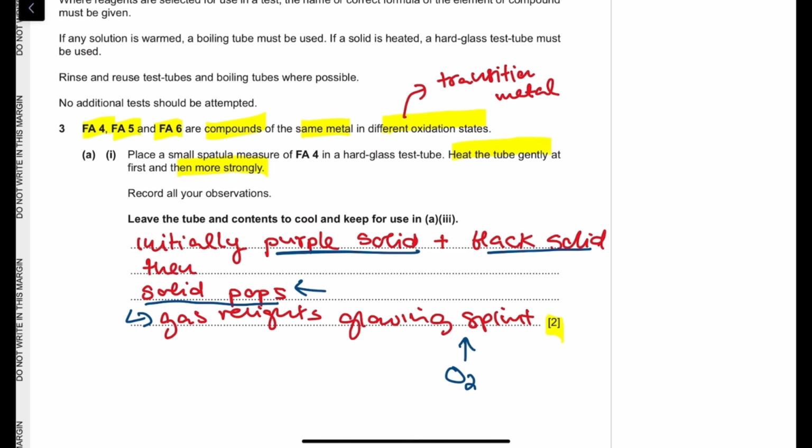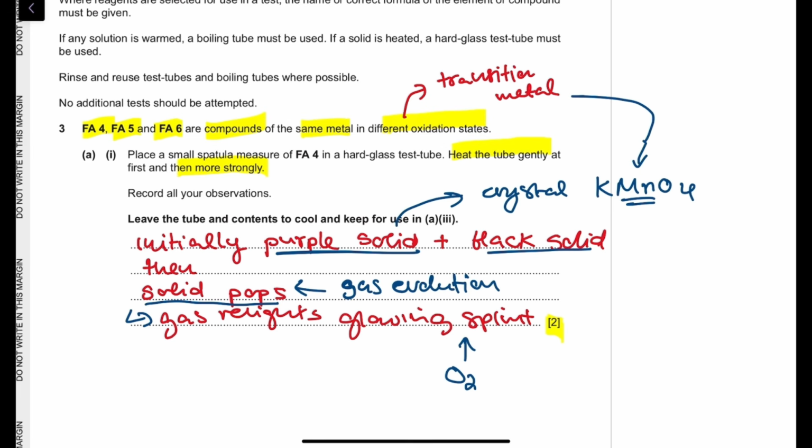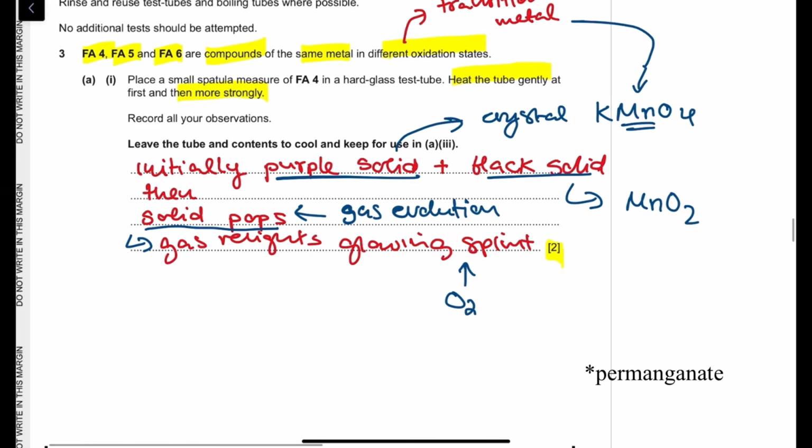Since the solid popped, we can infer that there was gas evolution, and that gas was the oxygen. Purple solid could be purple crystals, and this means that it was most likely potassium manganate, since we have manganate here and it is a transition metal. The black solid that we had initially is most likely manganese dioxide, and that is a black solid, and it's formed upon the thermal decomposition of potassium manganate.